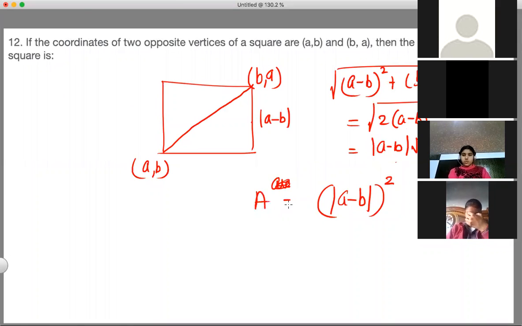This is area, which is same as a minus b whole square या फिर b minus a whole square. एक ही बात है, right? The answer will always be a positive number. So कैसे भी हम लिख सकते हैं. It is a multiple choice question. Then a minus b whole square, b minus a whole square, both are the same, right?